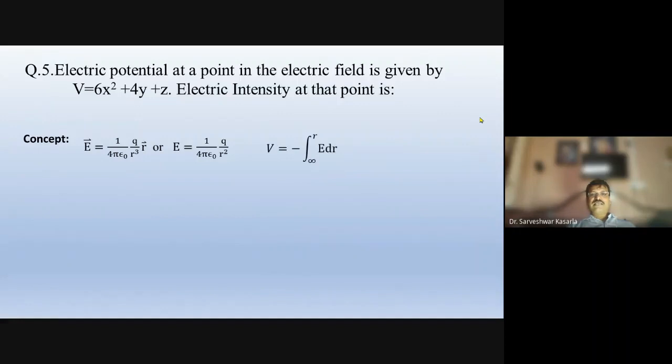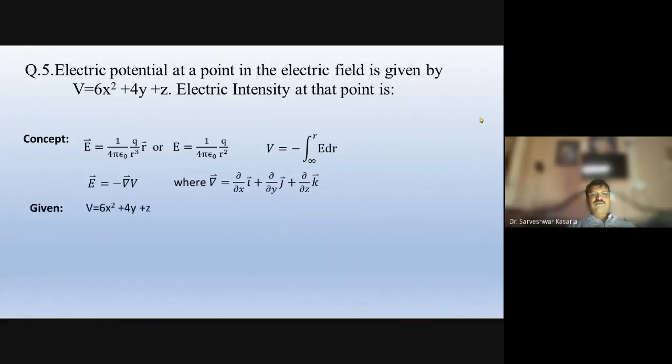As I said, it is the work done in bringing a unit positive charge from infinity to that point, so we have to integrate that. The final formula we have is E equals minus del V, where del is the del operator, del by del x i plus del by del y j plus del by del z k.